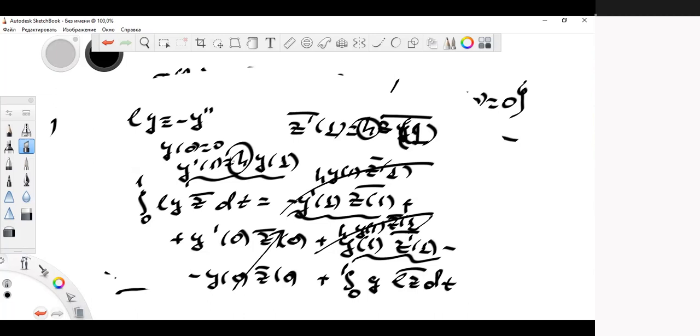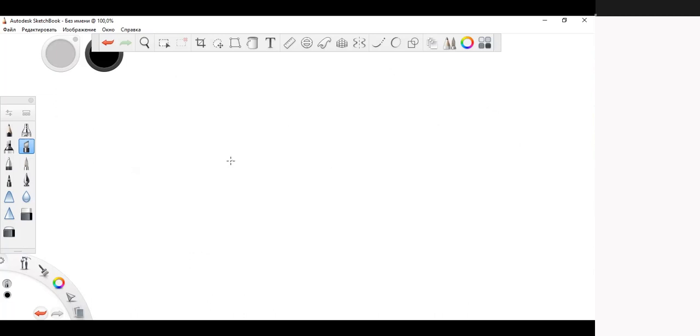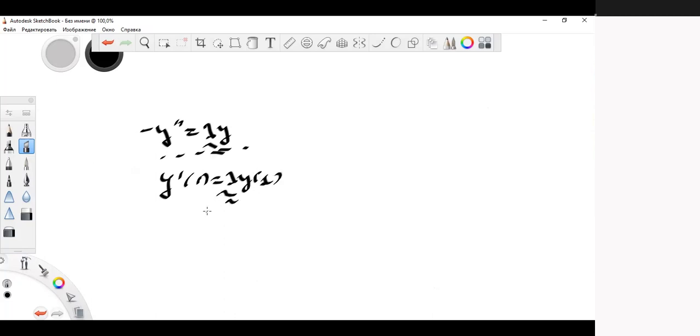But when instead of h here stands some lambda, so your equation is L y equals lambda y. Also, the first boundary condition says y0 equals 0. The second is y prime 1 equals lambda y1. In that case, because lambda in general might be a complex number, it will not provide self-adjointness of your operator.